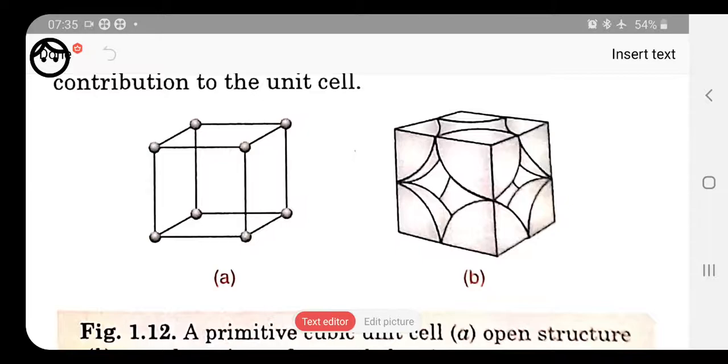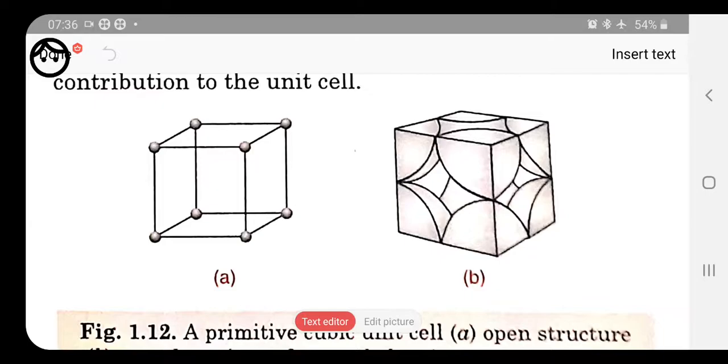See this second structure, structure B: here we have the constituent particle where a 1/8 part of the constituent particle is present in one unit cell. In one unit cell it is getting only the 1/8 part. Why? Because each corner is shared by 8 unit cells.